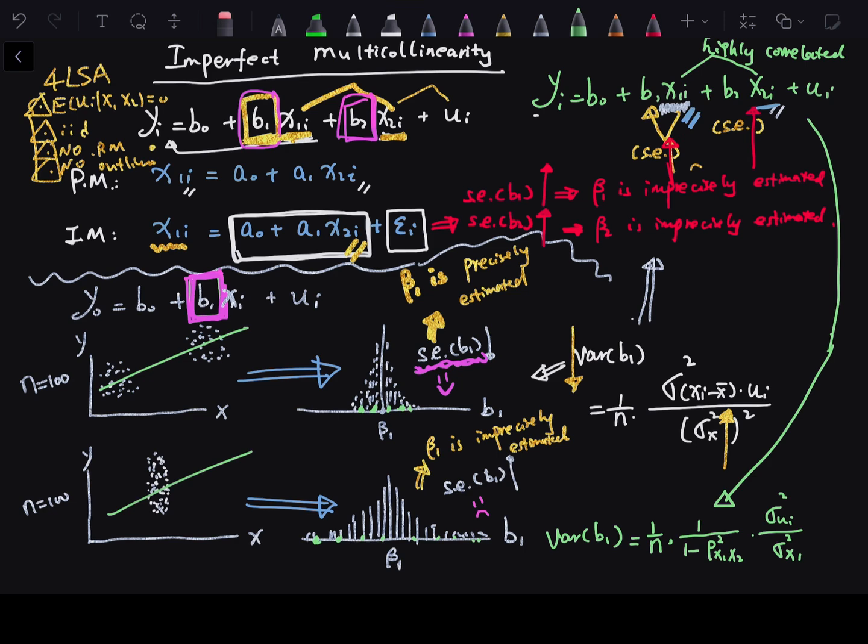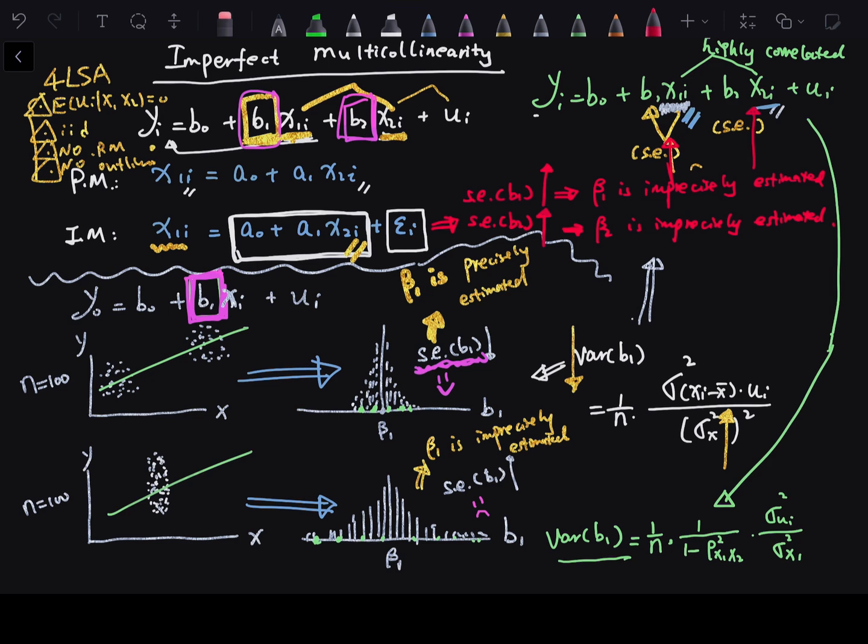That's the mathematical expression for variance of B1 based on regression with the 2 regressors. You see, you have this variance of error that indicates in this case errors are homoscedastic.